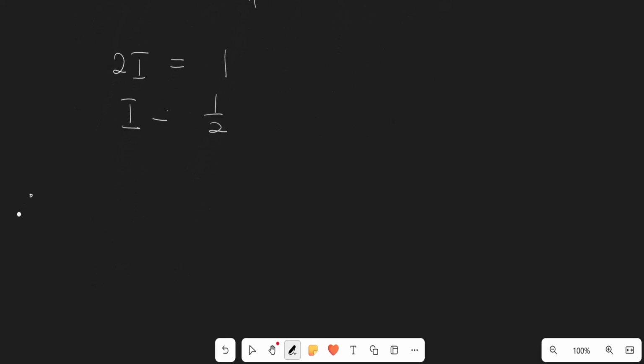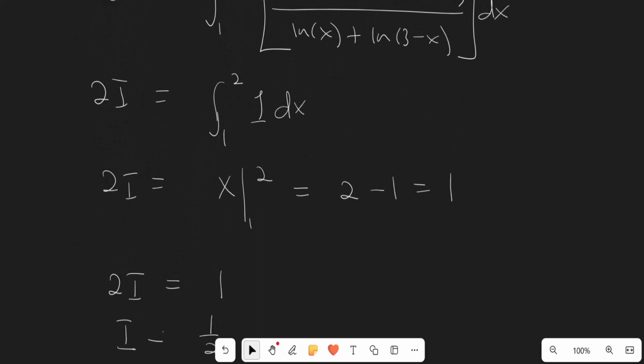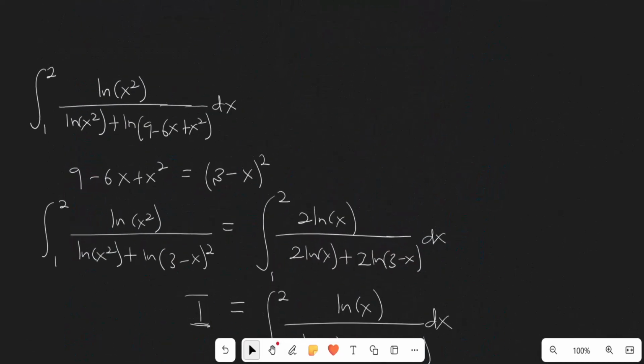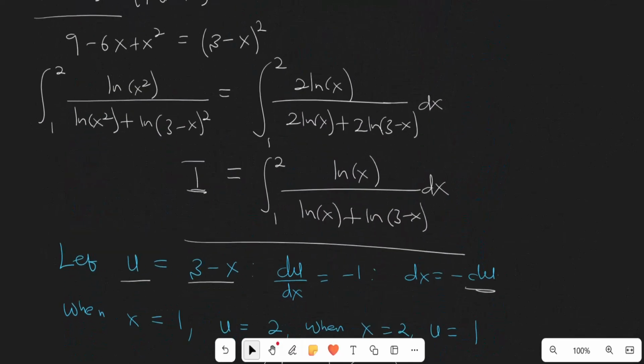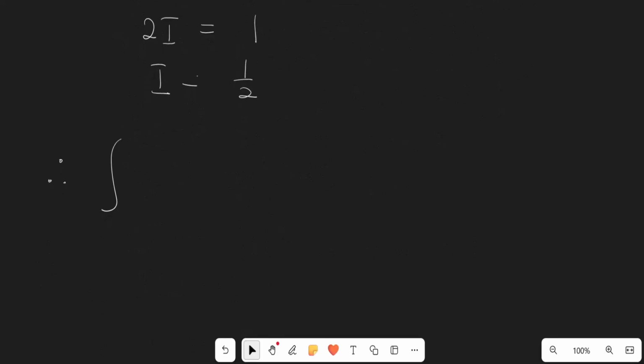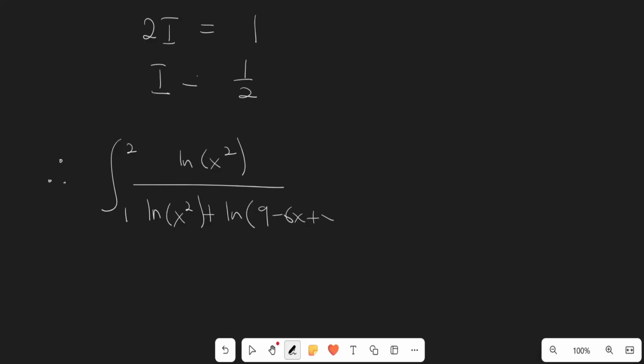Therefore, our original integral, from 1 to 2 of the natural logarithm of x squared all over the natural logarithm of x squared plus the natural logarithm of 9 minus 6x plus x squared, dx, just evaluates to 1/2.